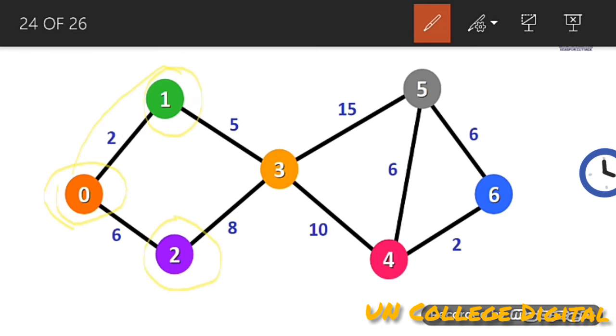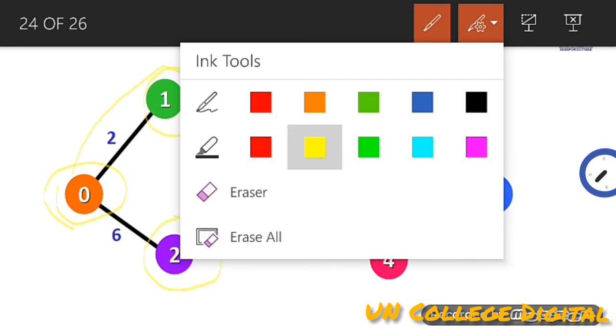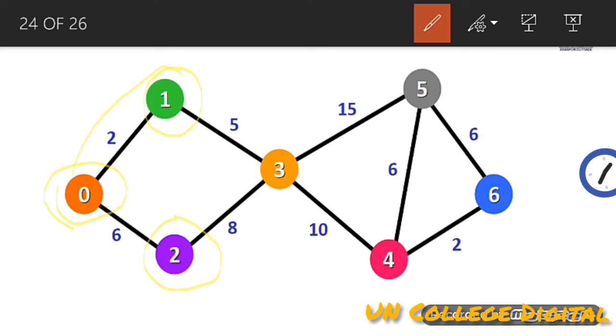After reaching 1, I will check all the adjacent vertices of 1, and here 1 is connected with 3 and 1 is connected with 0. As 0 is already selected, let me use a mark here so that we can understand that 0 is visited.